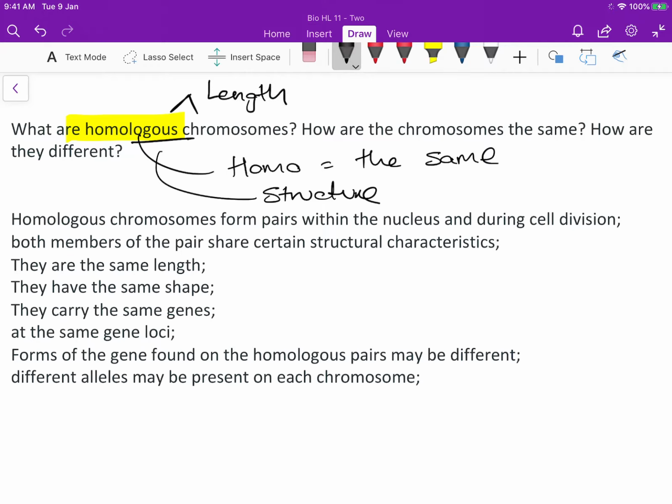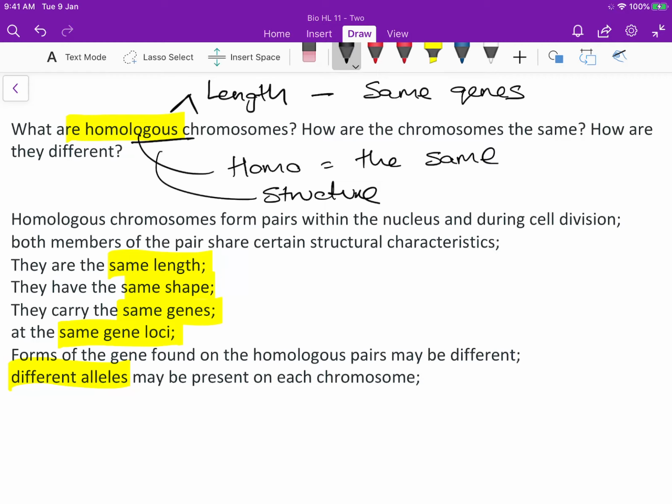And you can only have the same length if you have the same genes, because otherwise you wouldn't have the same number of base pairs of DNA. So if they're homologous chromosomes, it means that they have the same length, the same shape, the same genes at the same gene locations. But we might have different alleles, different forms of them.